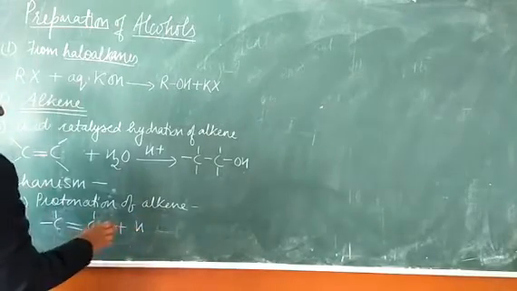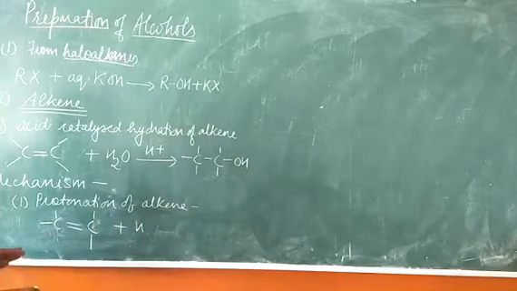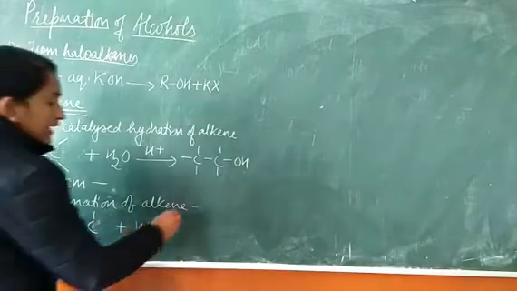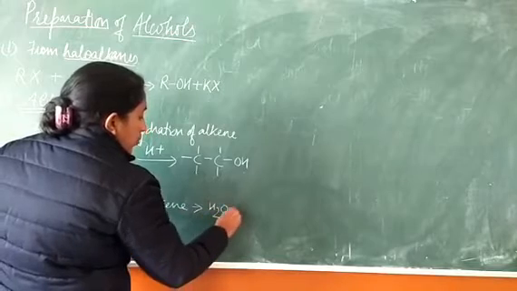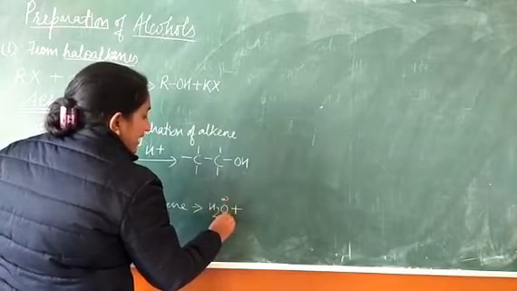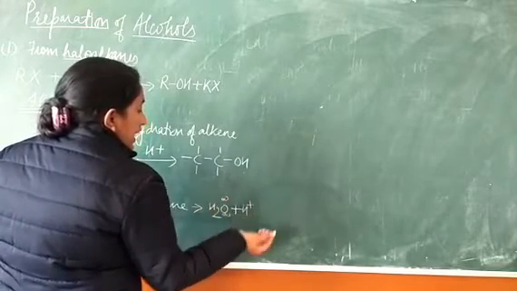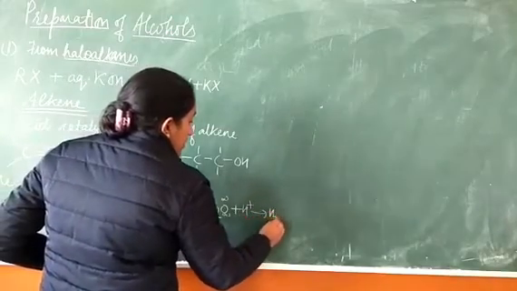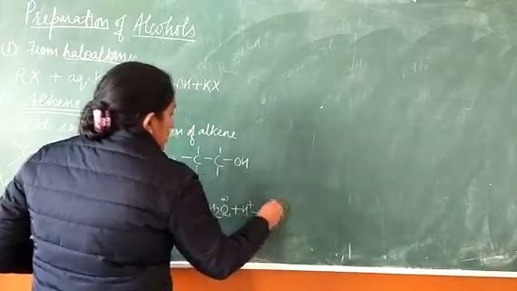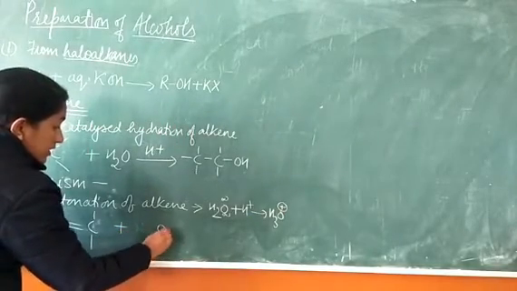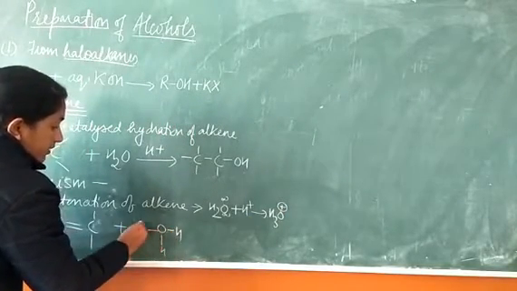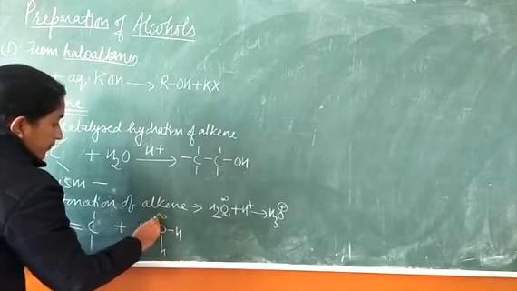For that, students, protonation of alkene will not be directly from acid. For that, the first step will be water getting changed into the hydronium ion. It will form H3O positive. Now students, we are going to write here H3O positive. It is in this way.